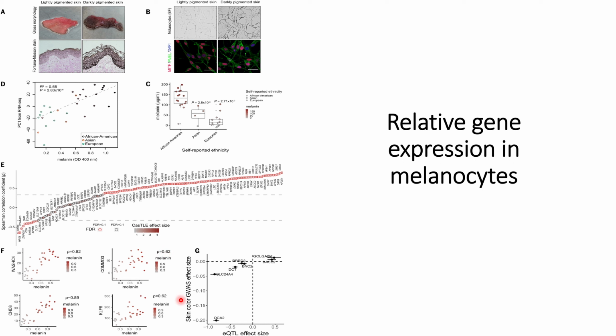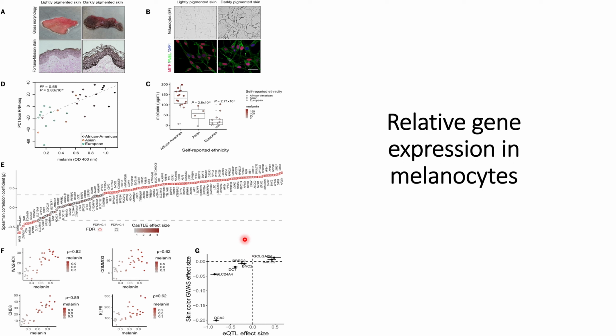Then they did the genome-wide association studies, and they picked out the genes of the lightly pigmented people and the darkly pigmented people, and checked which of the genes are low expressed in lightly pigmented people and highly expressed in dark pigmented people. And they can see that some of the genes that are highly expressed in dark pigmented people are expressed low in light pigmented people. And they found the same thing in the bioinformatics also.